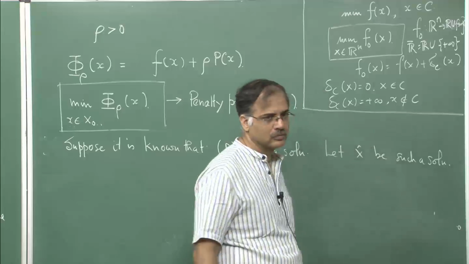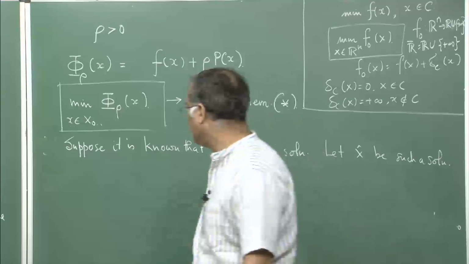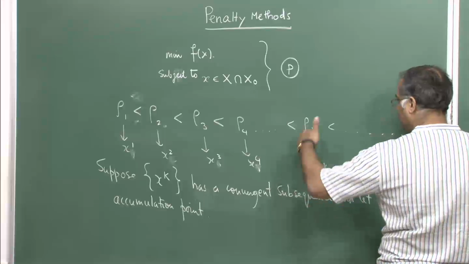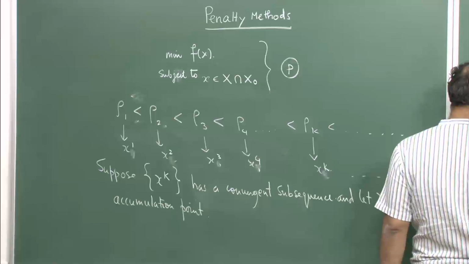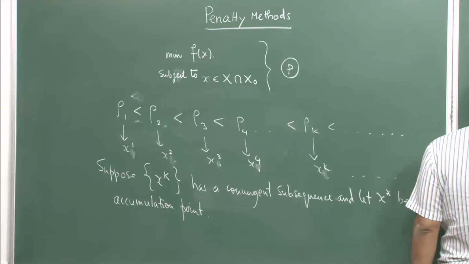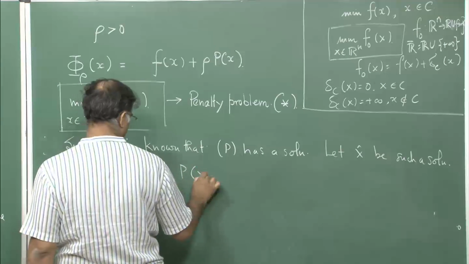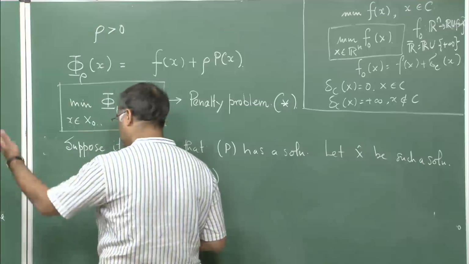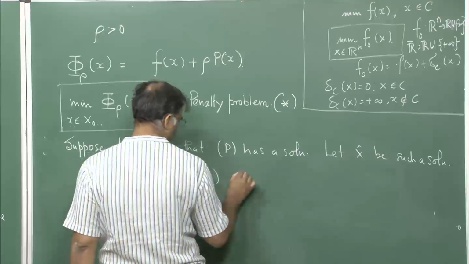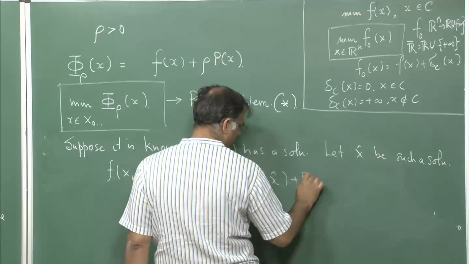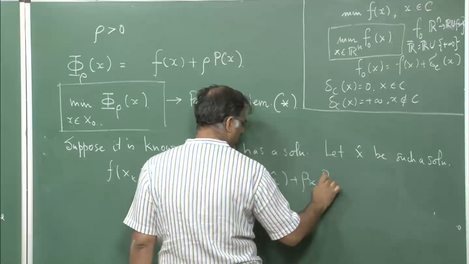Then, because x k is a solution of P k, you can write f of x k plus rho k p of x k, where you do not know whether x k is feasible to the original problem, so this is not 0, is less than or equal to f of x hat plus rho k p of x hat.